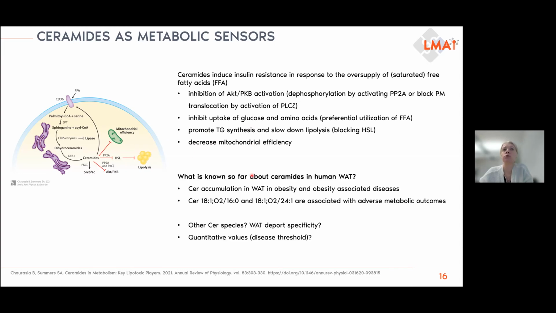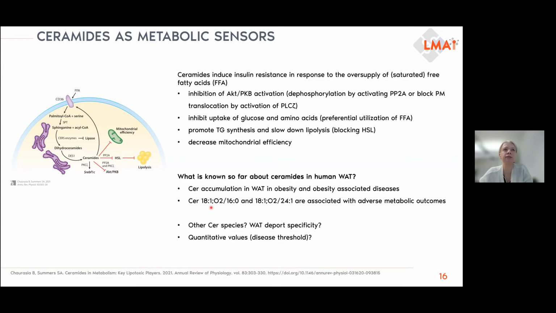So what do we know so far about ceramides in human white adipose tissue? Of course, this is a topic which has been researched for some years because of the obvious connection between obesity and insulin resistance. And indeed, ceramide accumulation in white adipose tissue is happening in obesity and obesity-associated diseases. And there are a few ceramide species which were actually addressed in this context.